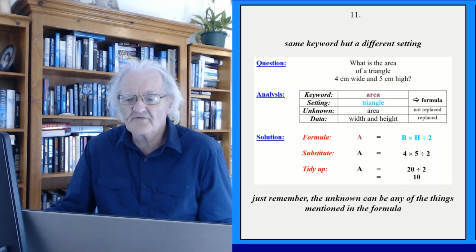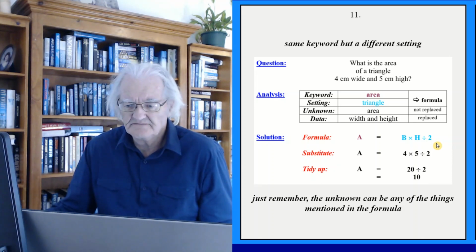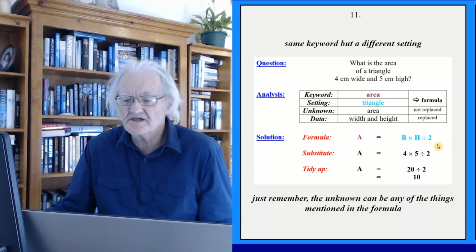Because we have a different setting, our formula is not the same one that we had previously. It is similar, and that is important to observe, but it is unique because this is the formula for a triangle. When we substitute the numbers and tidy up, we get an answer.